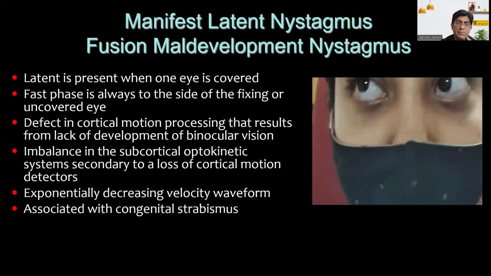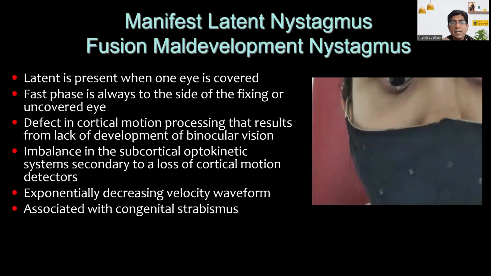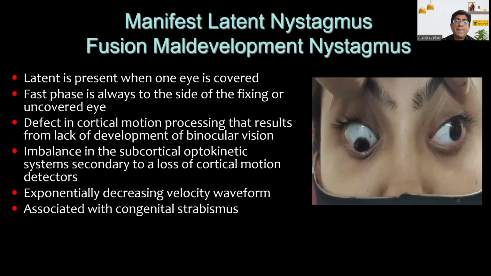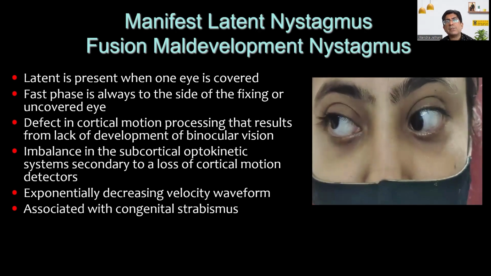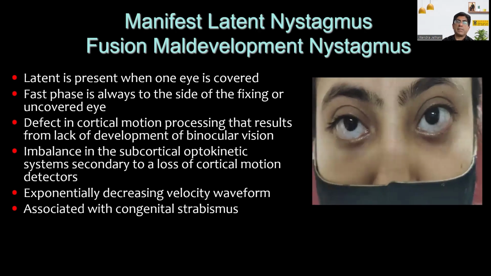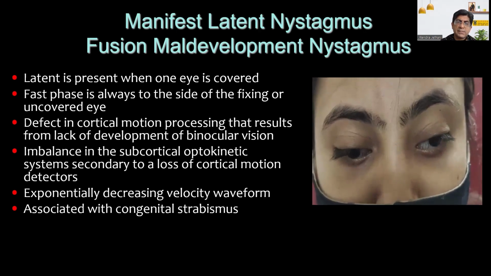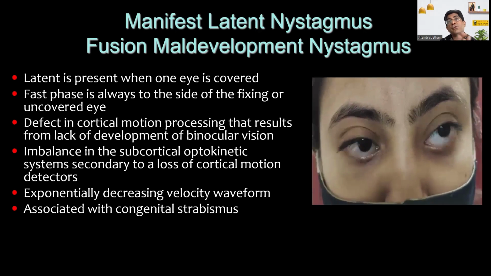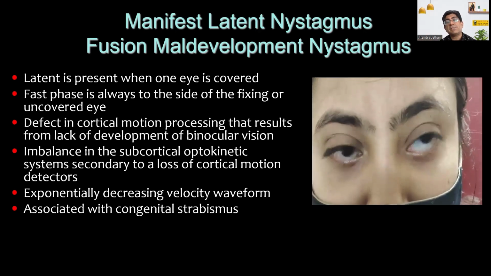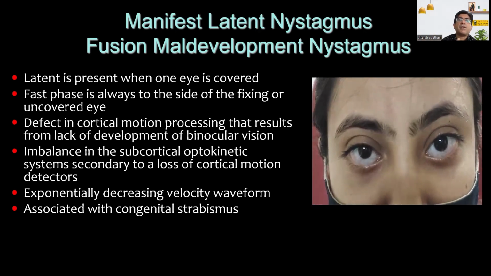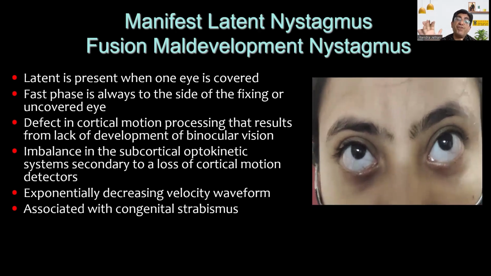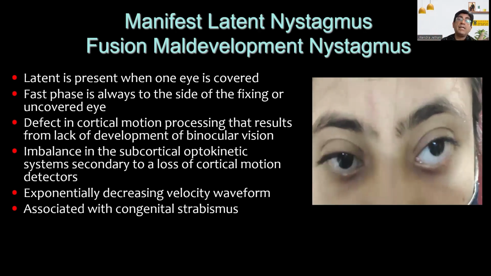So what it means is that the maldevelopment of fusion is primary, and that is causing a defect in cortical motion processing. This imbalance in the subcortical optokinetic system is actually secondary to the original cortical motion detector defect, which is secondary to the lack of development of binocular vision at a very early age.